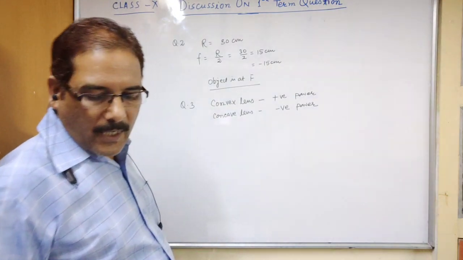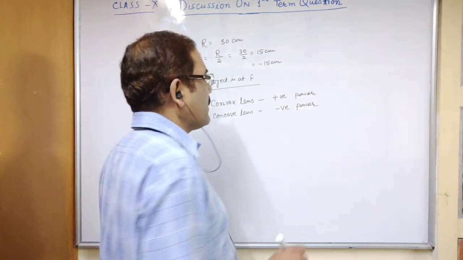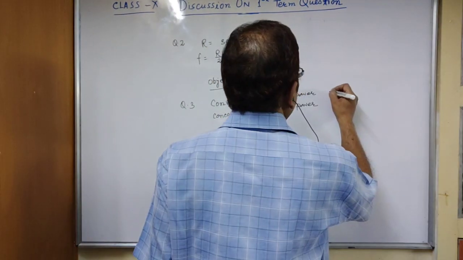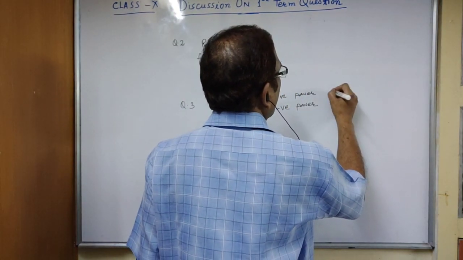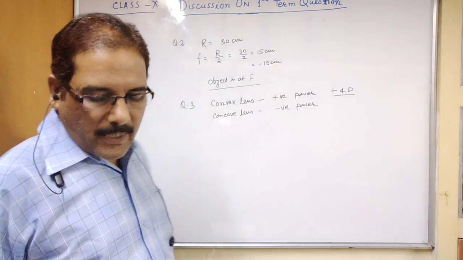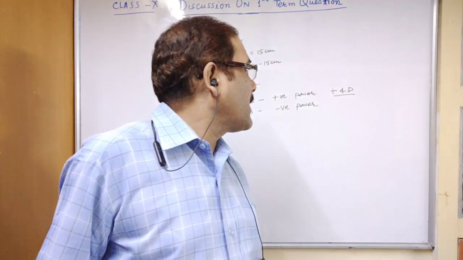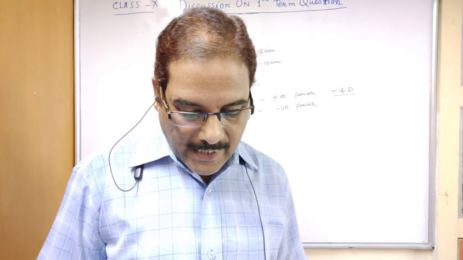We are talking about a convex lens in this question, so its power should be positive. So it should be plus 4 diopter. It cannot be minus 4 diopter.